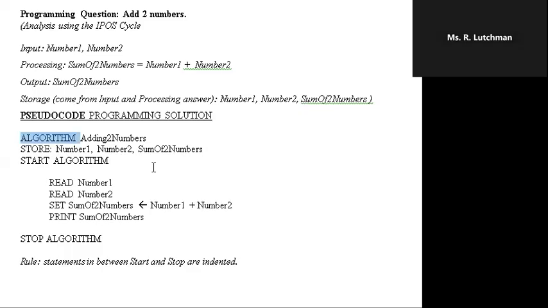So we started with the word algorithm at the beginning, and then the name of the program, which follows variable naming rules and describes what the pseudocode program is about. Next, we look at storage. And in storage, it came straight from our analysis. We list all the variable names used in our program. Next, we have start algorithm. That's a command.